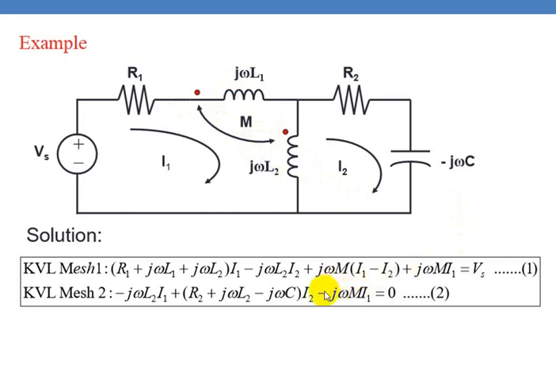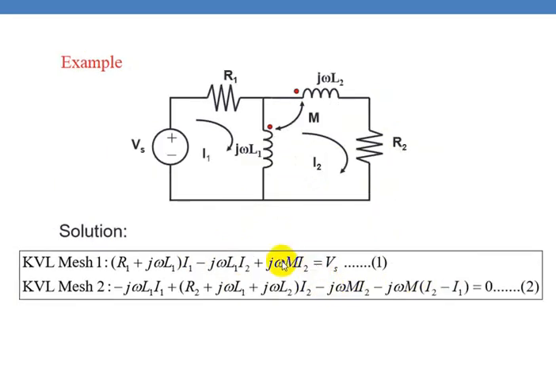The minus sign is there because, while writing the equation for the second mesh, this current is entering the dotted terminal, whereas I2, the second mesh current, is leaving from the dotted terminal. Therefore you have to use a minus sign here. So minus j omega M I1 equal to 0. This is how you should write the equations. If the values are given, you can substitute and solve these equations to find the currents.